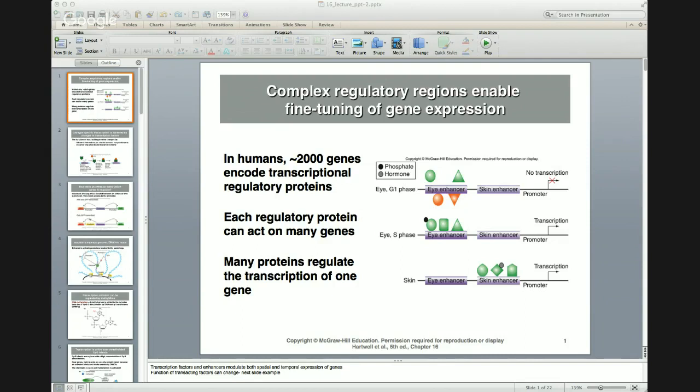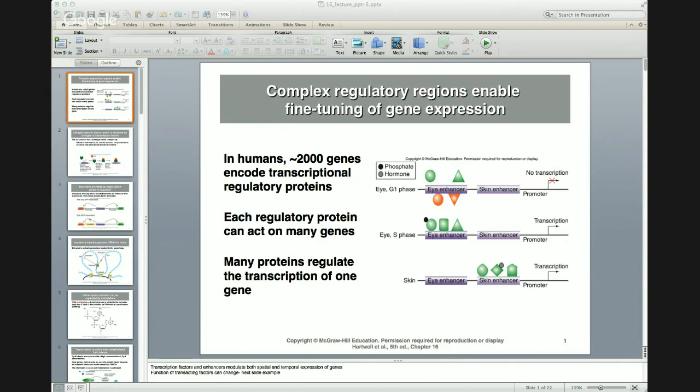So here's an example of that at work. We have here an enhancer to which a transcription factor, in this case a receptor, binds only when the shape of it allows for correct binding. The shape of this receptor changes in the presence of a steroid hormone, for example, testosterone.